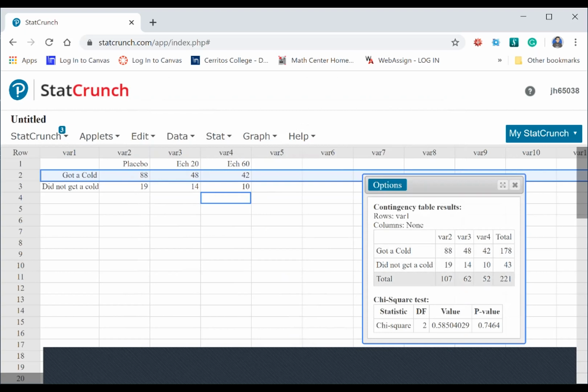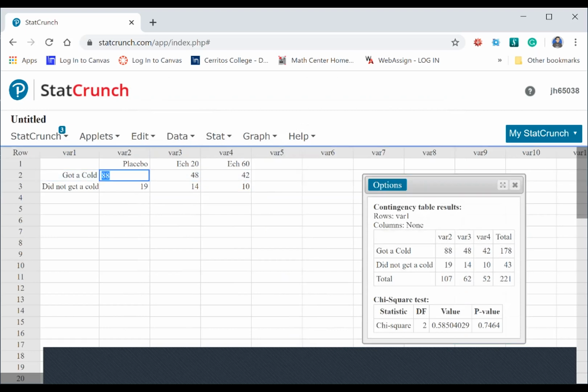Okay. Did I put them in correctly? Oh, no, I didn't. This should be 80. So that just gives me the totals. Okay, so placebo is 15. Oh, no, that's correct.